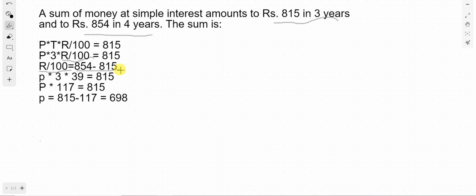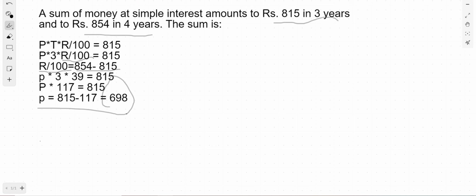So R is 39 here. Then P into T into R equals 815, so P into 117, and you can easily calculate P, which is 698. So you know the principal. All the questions will be based on this simple formula for simple interest, which is P into T into R divided by 100. So let's see more questions.